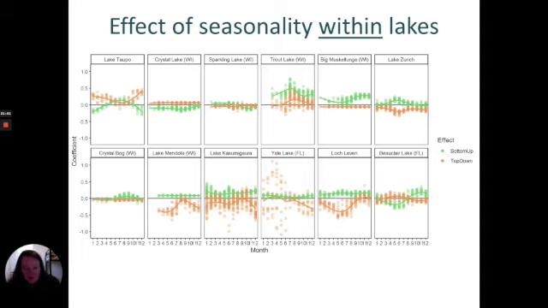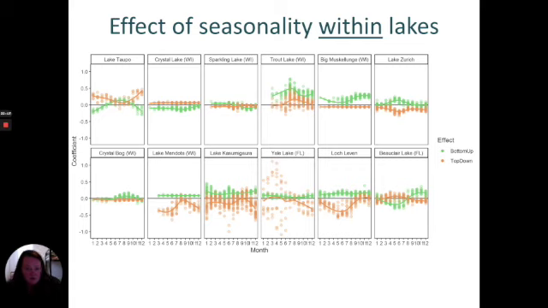The top-down and bottom-up effects being the strongest in the summer is consistent with this idea of a seasonal reset. These effects are strongest as lakes turn over and things emerge from the sediments and are assembling this community, and then there's a decline in the strength of trophic coupling through time.